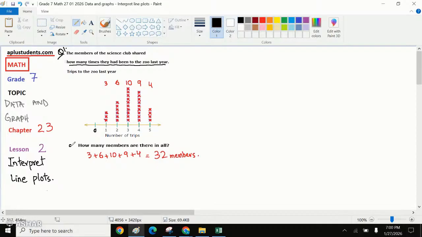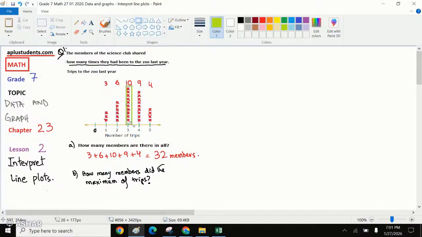Or, if this is the first part of the question, they can add more: how many students or club members did the maximum number of trips? So we can see over here that the maximum number of trips means the maximum number of markings.